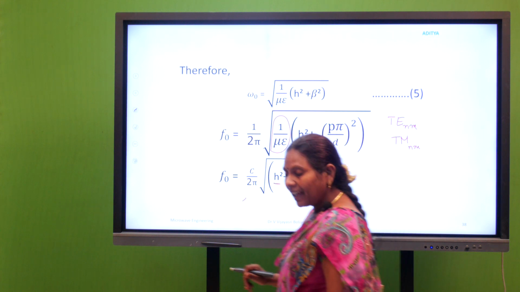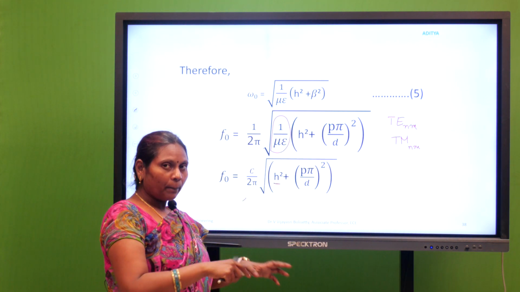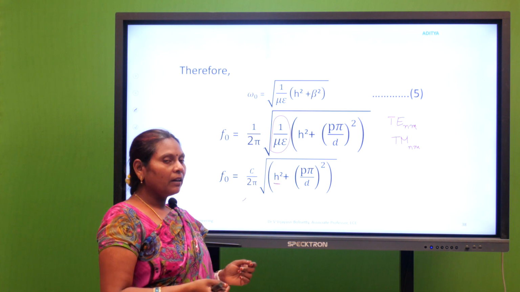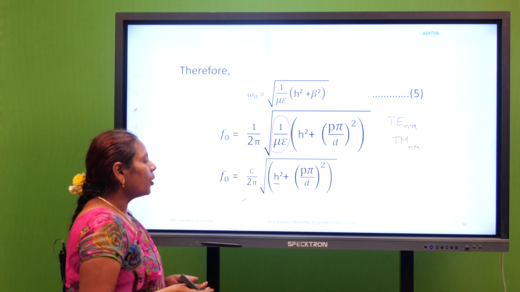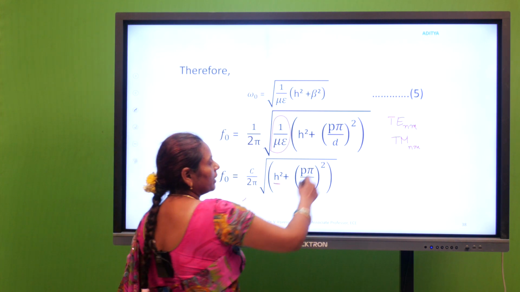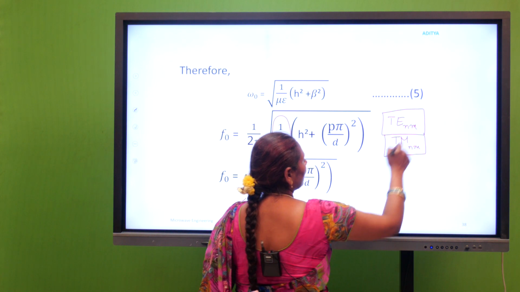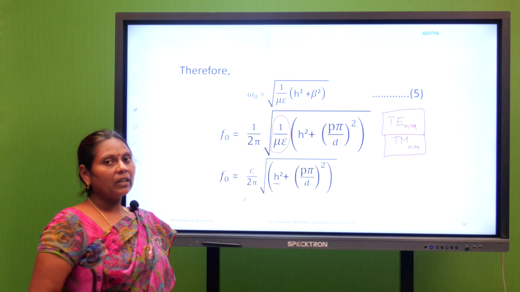Whereas in the rectangular cavity we represented these modes as TE mnp and TM mnp. So the general notation for the modes in the circular cavity is TE nm and TM nm.